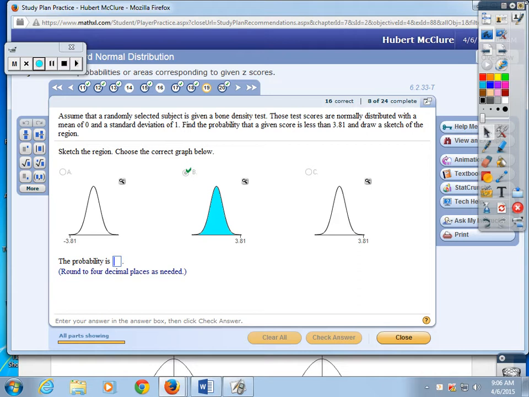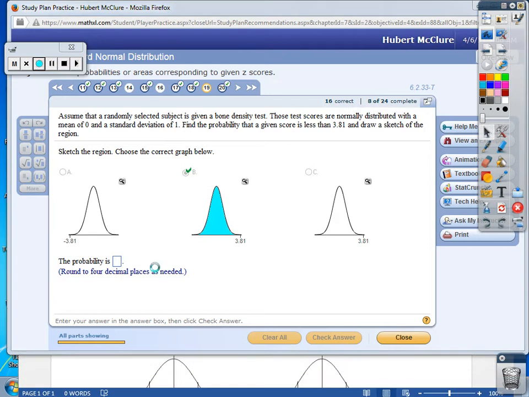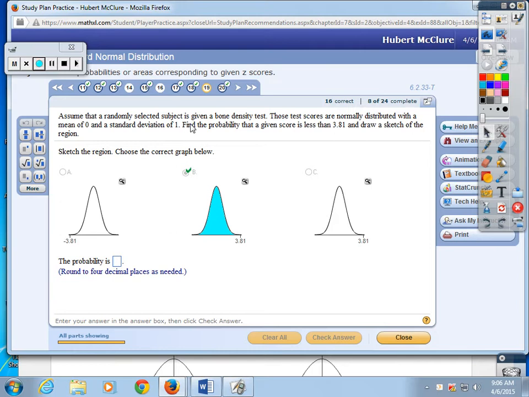So you automatically know that anything above 3.5 is 0.99999.